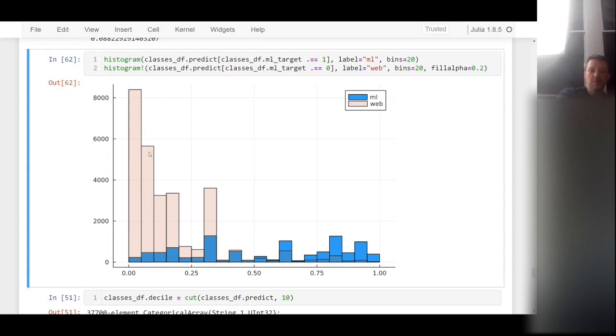Why do you think those bars with web are much taller than bars with ML? What is the reason for the fact that bars in the histogram for ML have much lower height than bars for the web? Exactly.